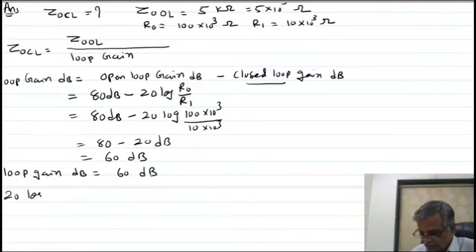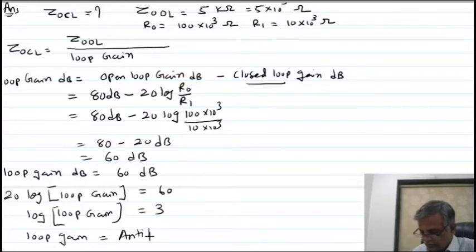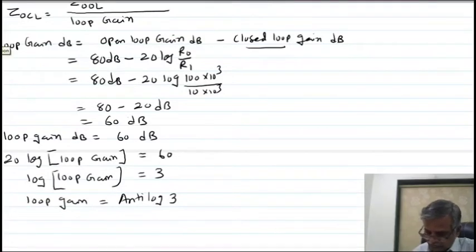So 20 log loop gain is equal to 60, log loop gain is equal to 3. So loop gain is equal to antilog of 3, so it is your 10 raised to 3.